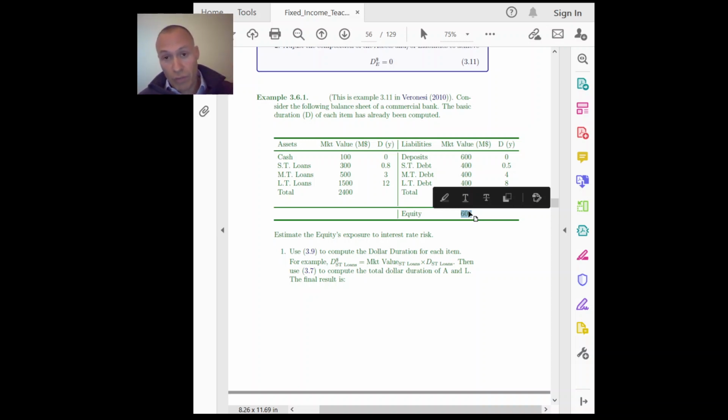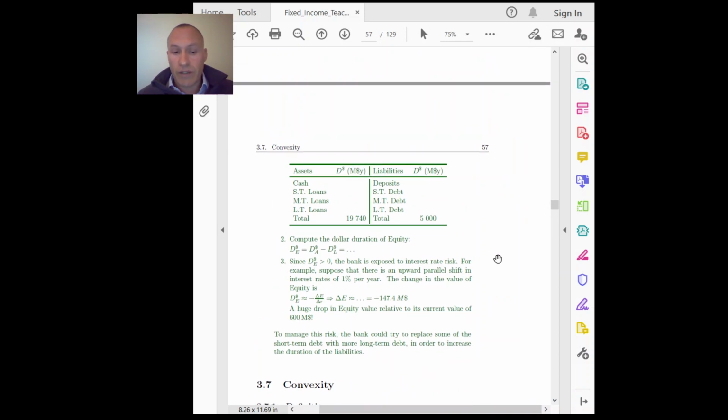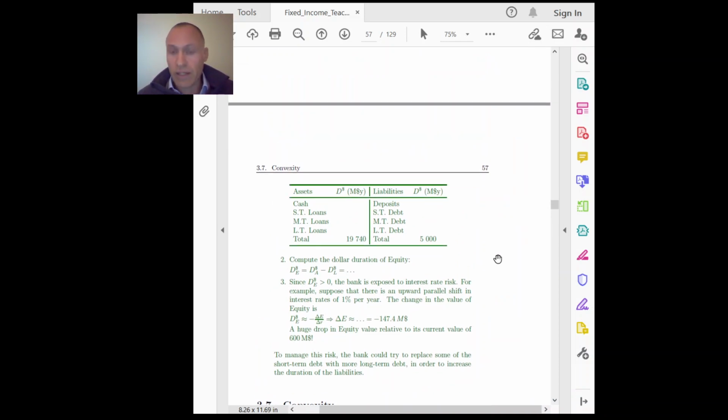So if interest rates go up by 1%, shareholders lose 25%. It's a very large chunk of their total value. That's why asset liability management is so important in banks, because they are very risky. They're very sensitive to changes in interest rates.